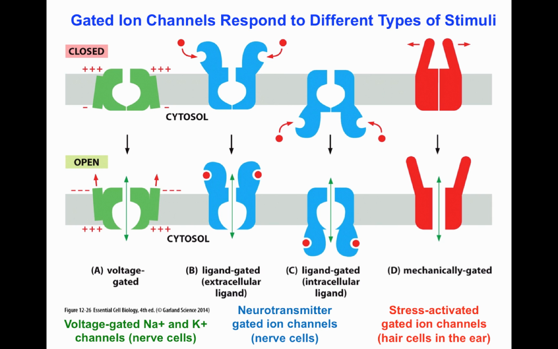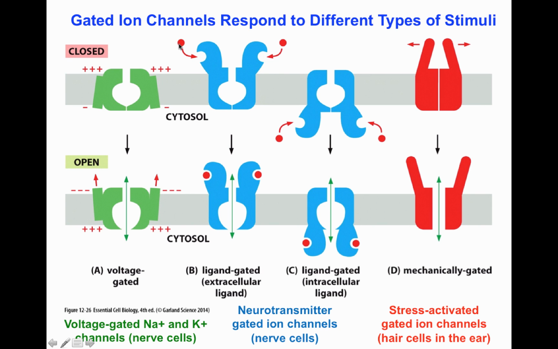Other channels also work as receptors, and therefore they're able to bind ligand. Some of the ligand binding sites are in the extracellular domain, so that will be, for example, the neurotransmitter channels for acetylcholine.